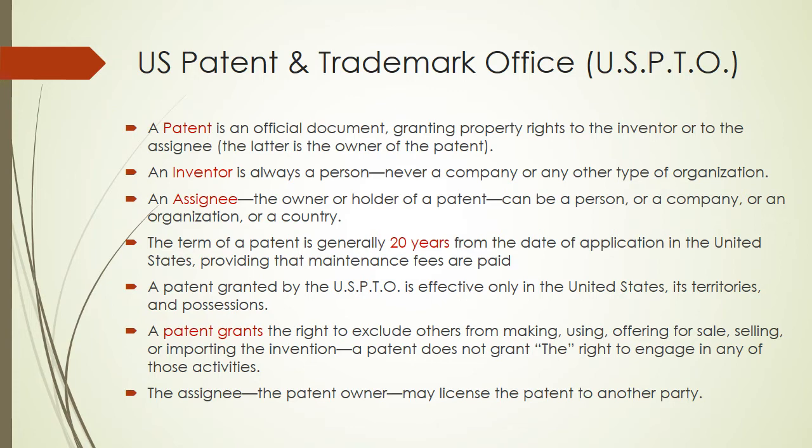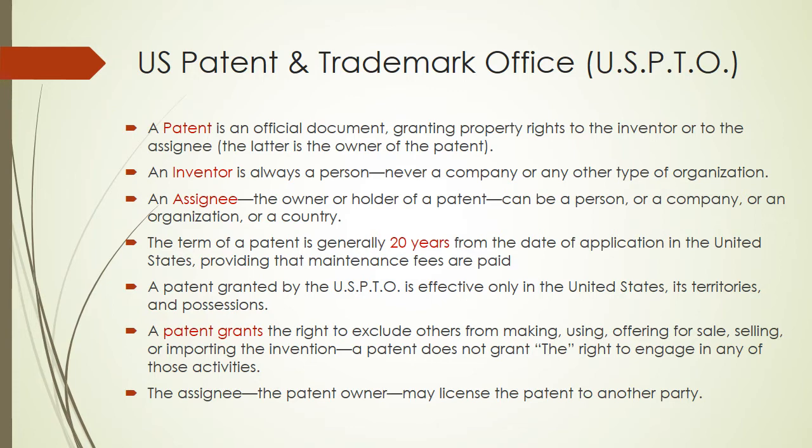An assignee, the owner or holder of a patent, can be a person, a company, an organization, or a country. The term of a patent is generally 20 years from the date of application in the United States and in many countries, provided that maintenance fees are paid.